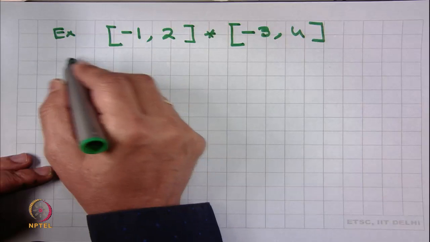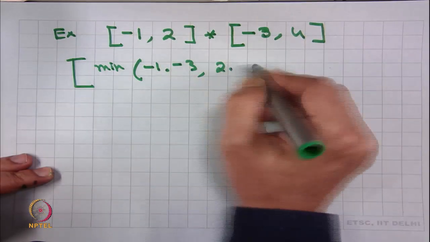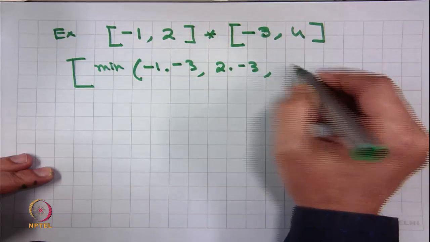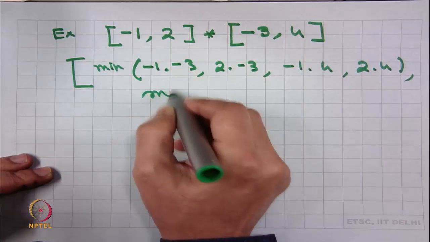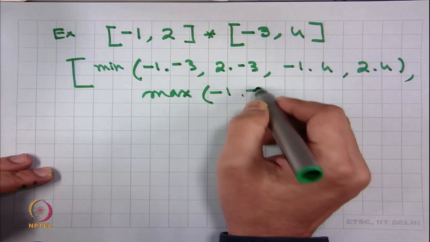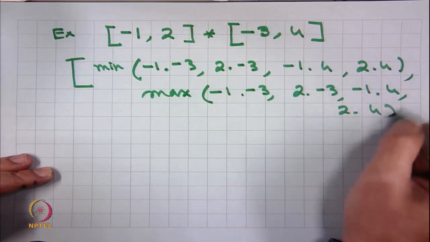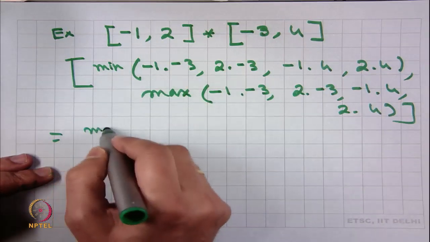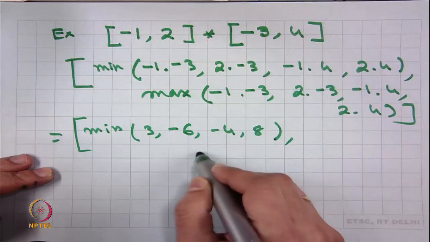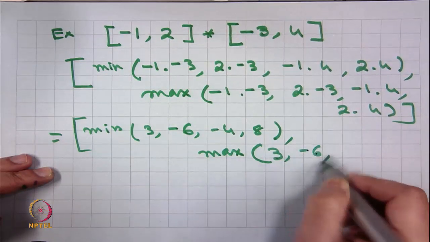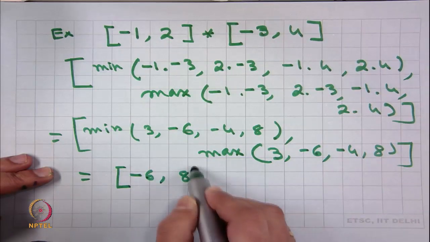Therefore, this is going to be the interval minimum of minus 1 times minus 3, 2 times minus 3, minus 1 times 4 and 2 times 4, and maximum of minus 1 times minus 3, 2 times minus 3, minus 1 times 4 and 2 times 4, which is equal to minimum of 3, minus 6, minus 4 and 8 to maximum of 3, minus 6, minus 4 and 8, which is equal to minus 6 to 8.